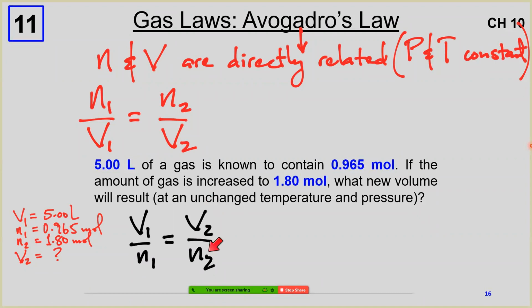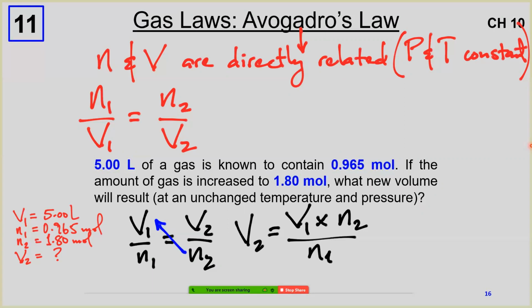And then we're going to move N2 to the left-hand side to isolate V2 by itself. So again, cross multiplication, and that isolates V2 by itself. So V2 equals V1 times N2 divided by N1.